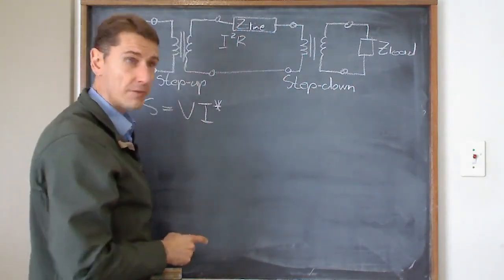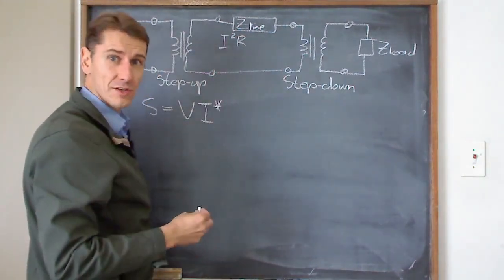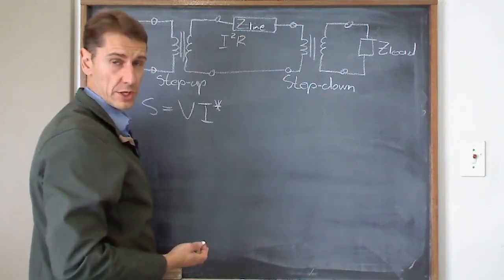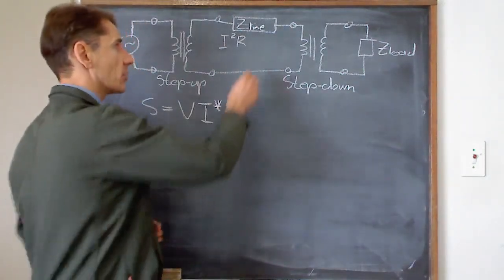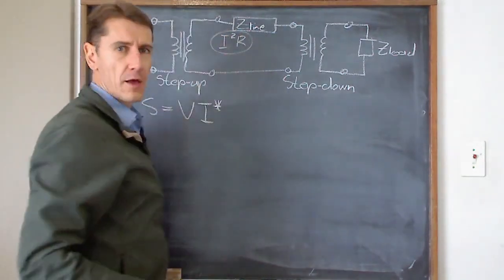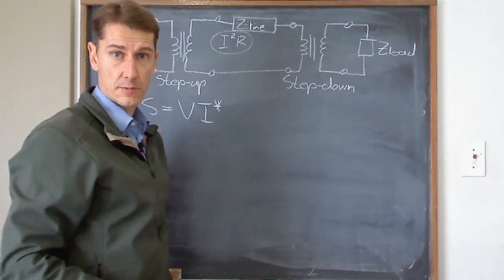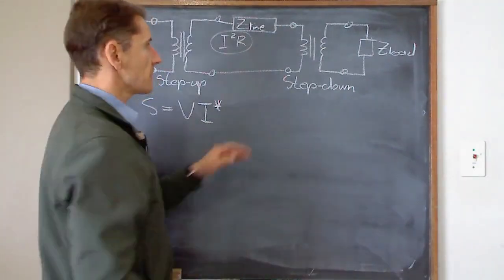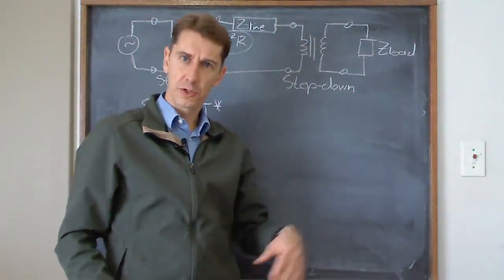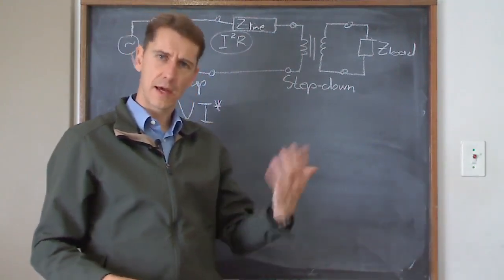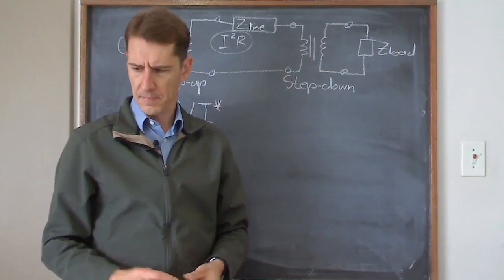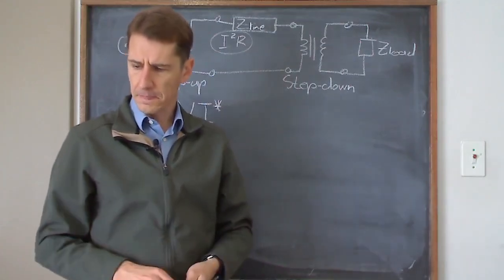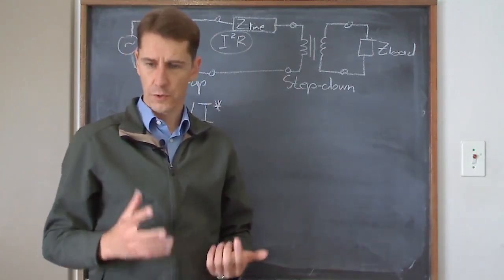If the current halves, your power loss is a quarter of what it initially was. So by stepping up the voltage, we are reducing those transmission losses. Then on the customer side, we bring the voltage down again to safer levels. The current goes back up. And that effectively is the purpose for the transformer.